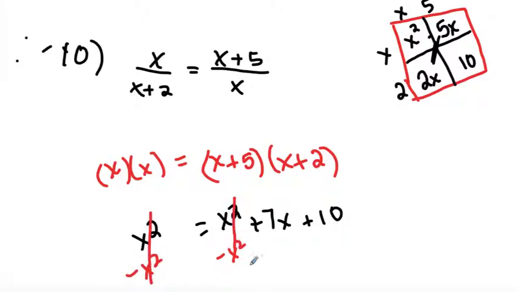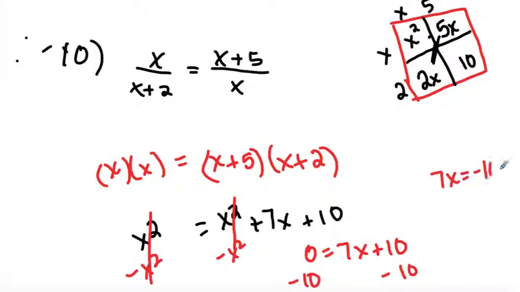It becomes 0. So now I have 0 equals 7x plus 10. And then I subtract 10, and I get 7x equals negative 10, and divide by 7. And that would have been a perfectly good place to leave your answer, negative 10 over 7. It didn't take off if you turned it into a decimal.